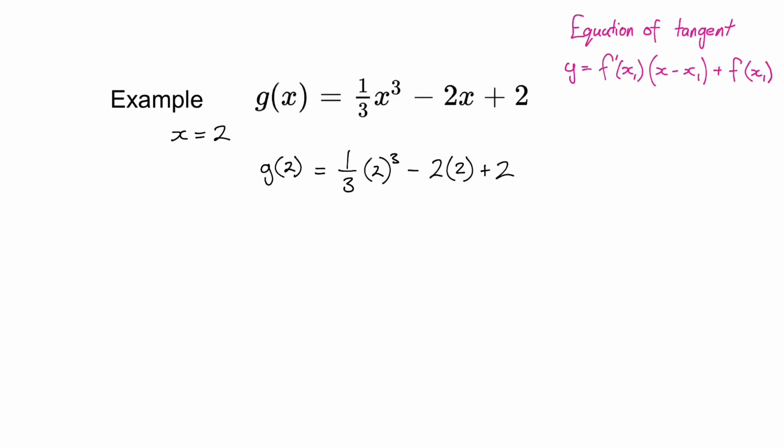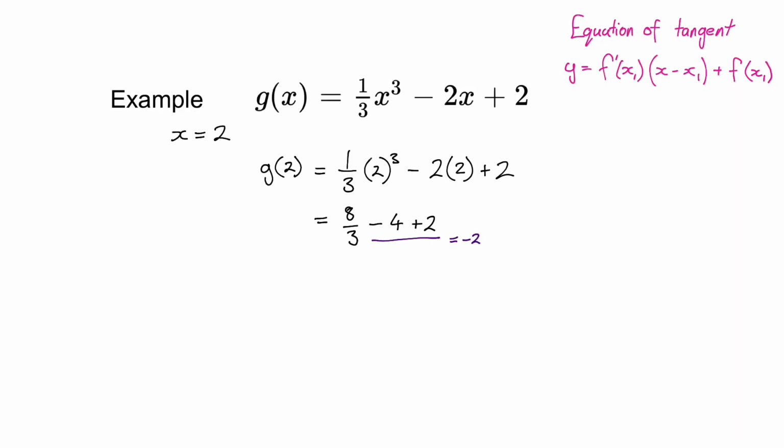Now we're just going to solve the equation. So we've got 2 cubed, which is going to be 8, so that's 8 on 3, minus 2 times 2 is 4, plus 2. Now, minus 4 plus 2 is going to be equal to minus 2. Because we've got our first part as a fraction, we need to turn our remainder into a fraction as well.